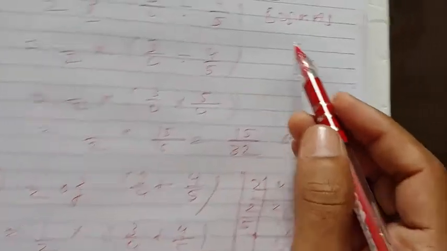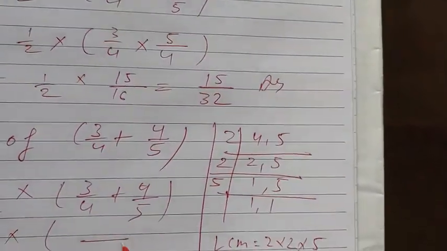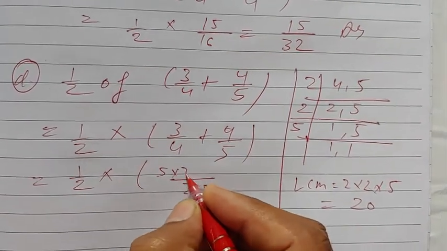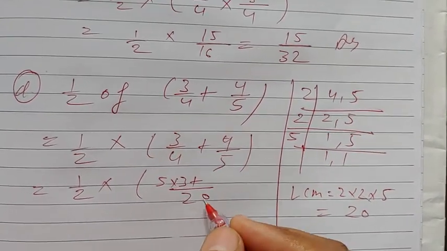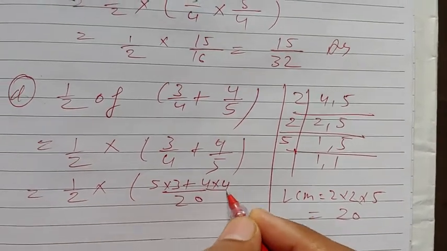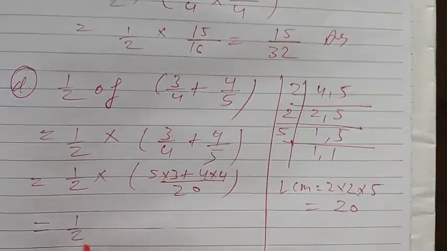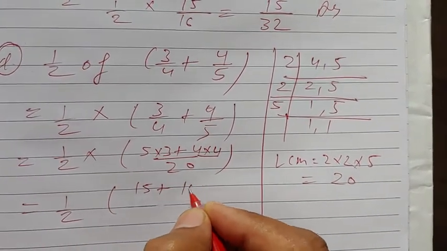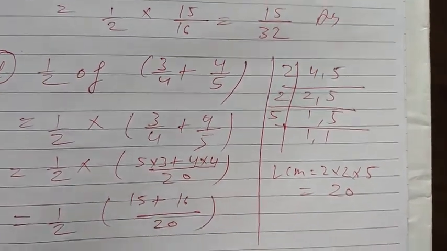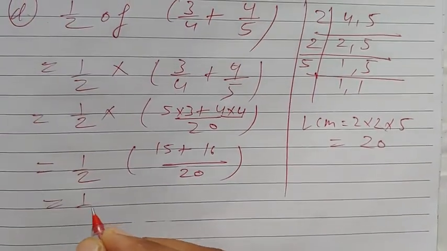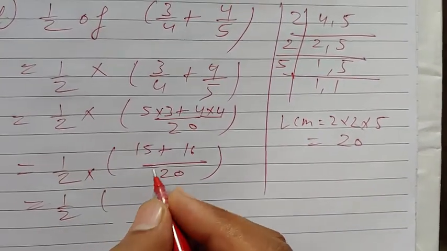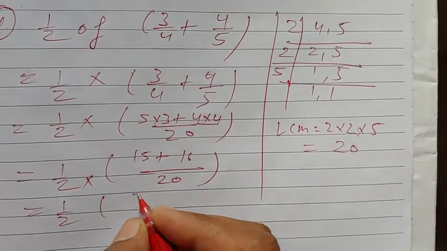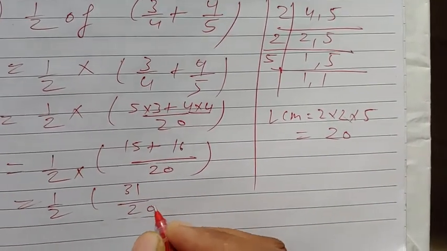First of all, we follow BODMAS, so the bracket will be solved first. 4 fives are 20, 5 cross 3, put a plus sign here. 5 fours are 20, 4 cross 4. So it is 1 by 2, then 15 plus 16 upon 20.